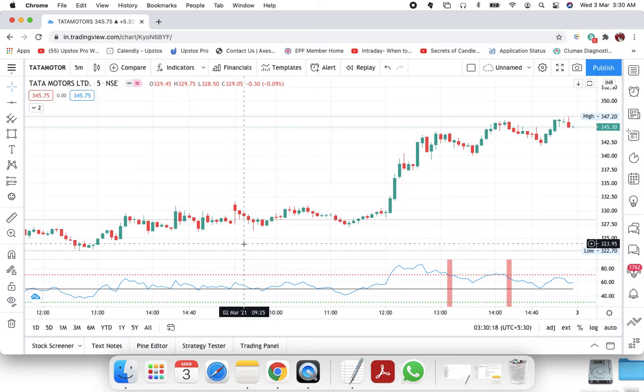For example, if the candle is green, then buyers are active. If the candle is red, then the sellers are active in the market. So this is what the color represents.